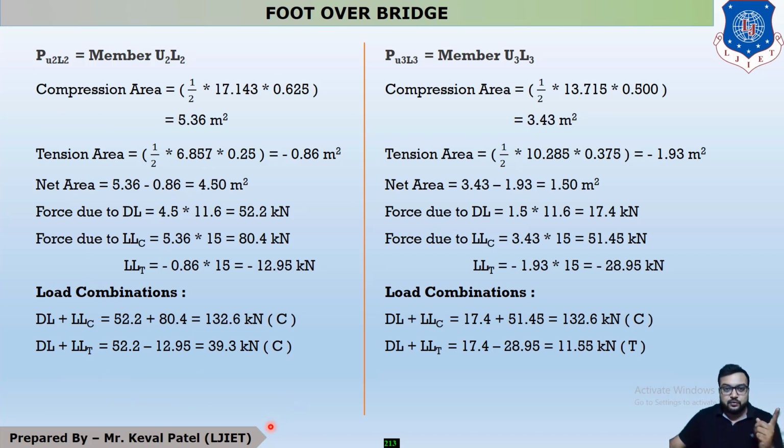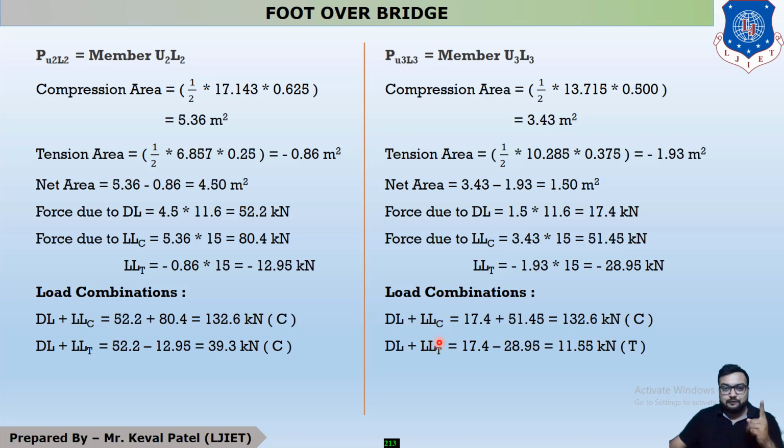One is the maximum force, whose value is 132.6 kilonewton, and our minimum force is 39.3 kilonewton, and both forces are in compression. Okay, and at last our fourth vertical member, which is U3L3, has two forces.